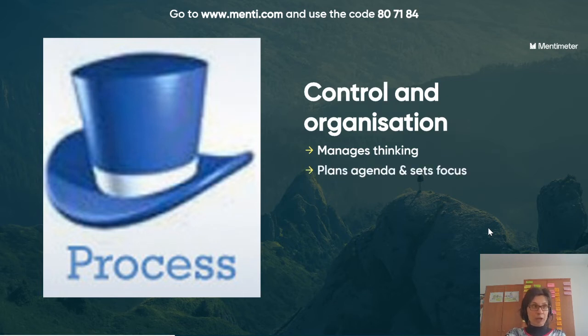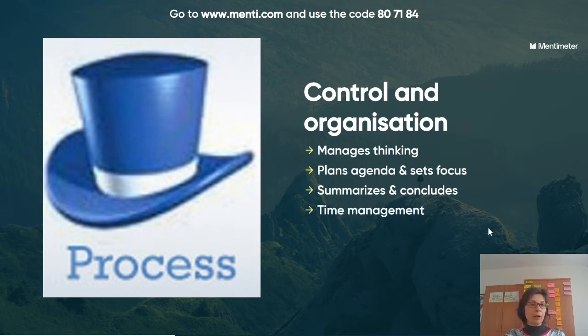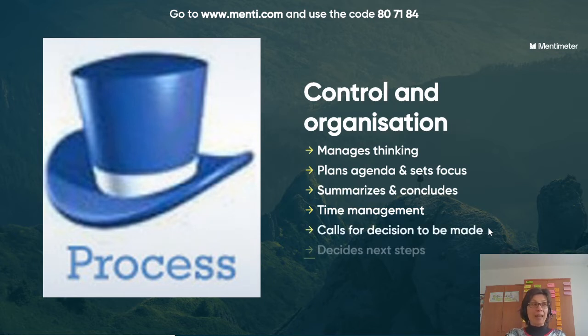You plan the agenda, set the focus, you summarize and conclude. You are taking care of time management and you call for decisions to be made. And you are the one who decides next steps. So this is all about processes, control and organization.